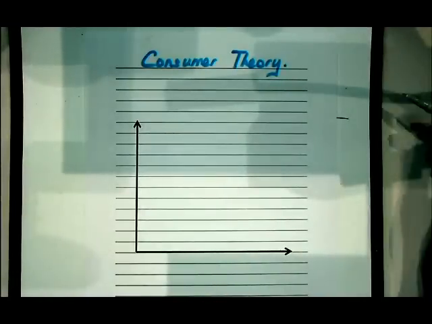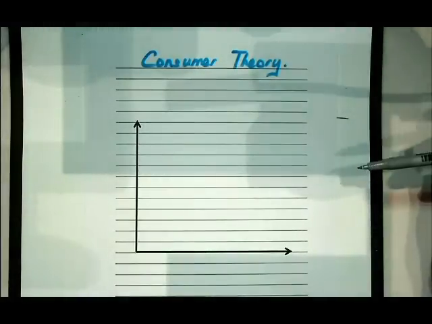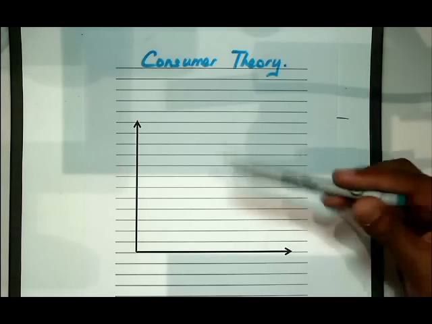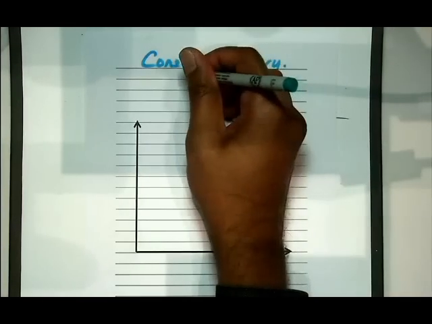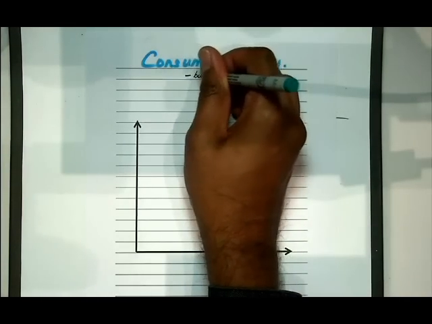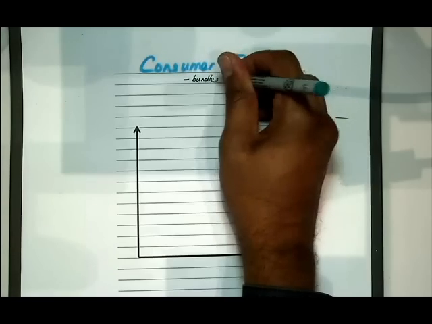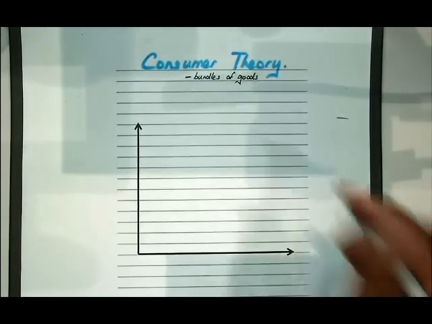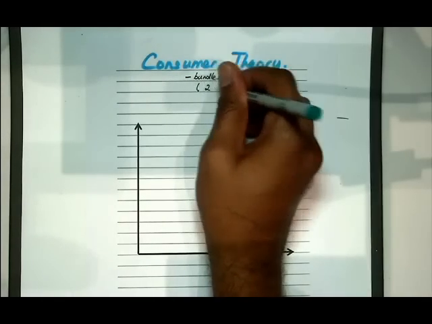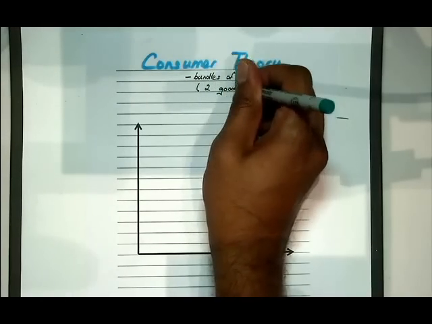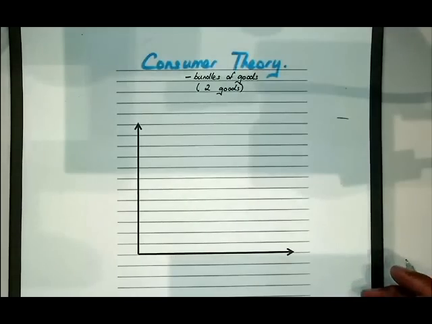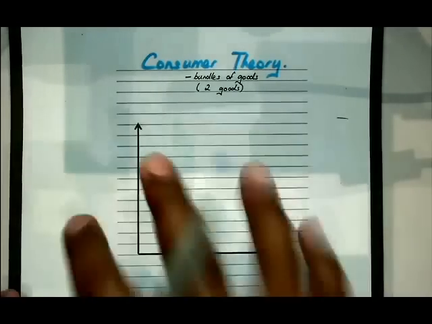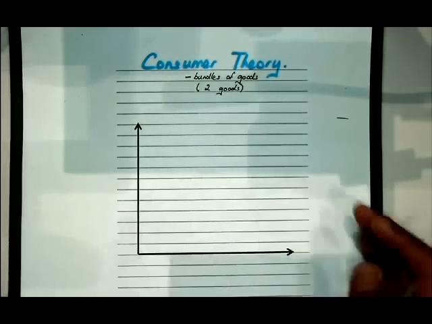So unlike when we just talk about demand and supply, where we only have one good at a time, here we're looking at bundles of goods. And to keep things simple, we assume just two goods. Every time we draw a demand and supply graph, that's just for that product on its own.